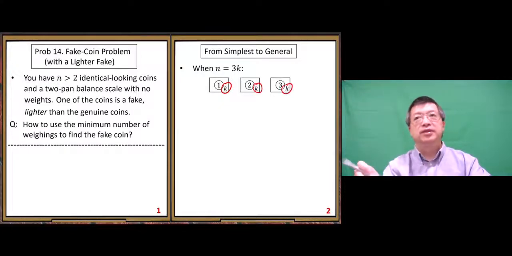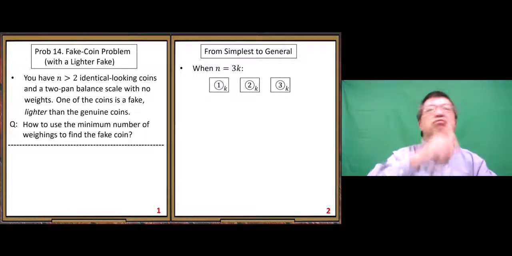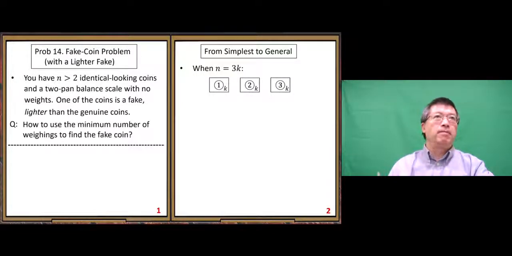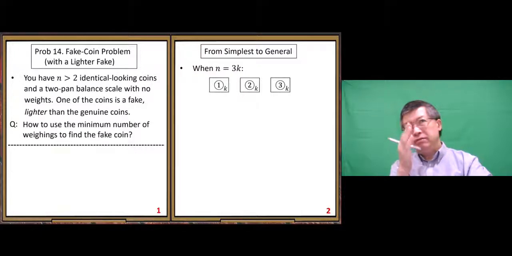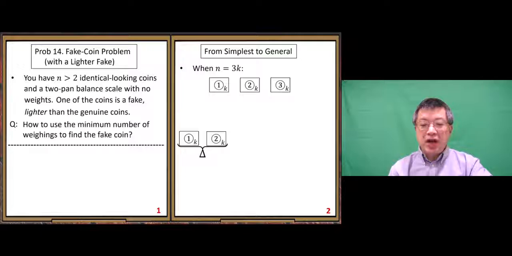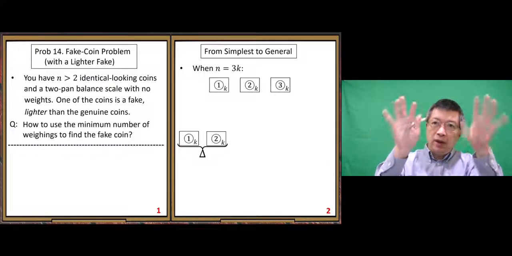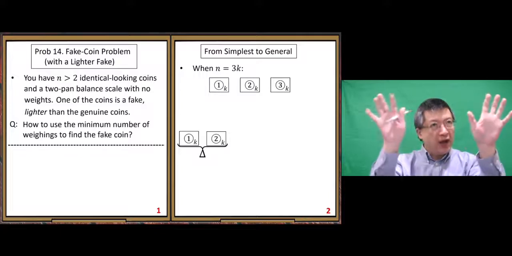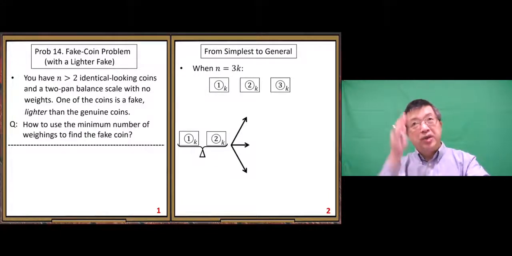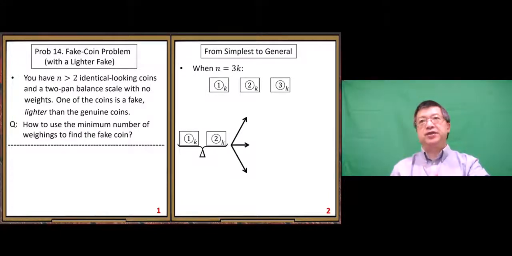In this way, we use a similar weighing method as for n equals 3. This time, we place pile 1 and pile 2 on the balance scale. Similarly, 3 cases.